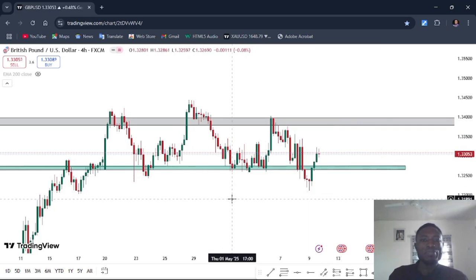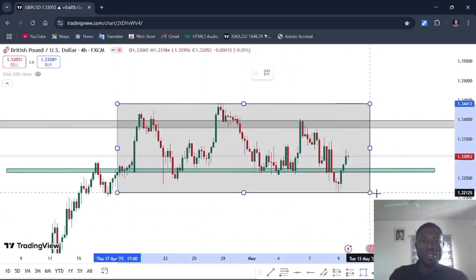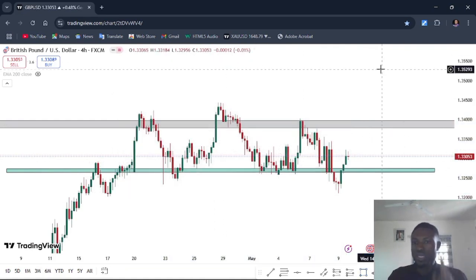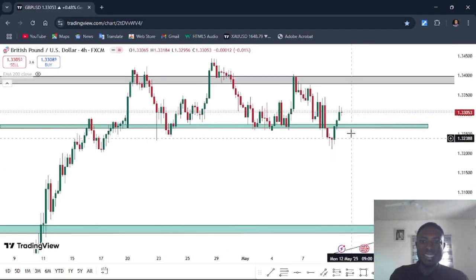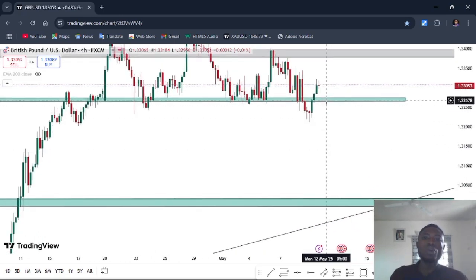For the meantime, whatever price does inside of this range is none of my concern. All I want to see are two things: for price to clear this bar and start printing a bearish candlestick to the downside for me to hop in for a sell all the way to this zone.